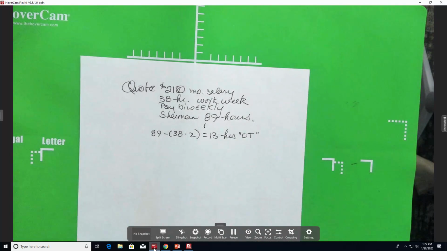I'm paying him his salary for 38 hours a week. But the overtime's at 2 different rates. The hours between 38 and 40, I pay him just his regular hourly rate. Once he hits 40, I have to pay him by law 1.5.